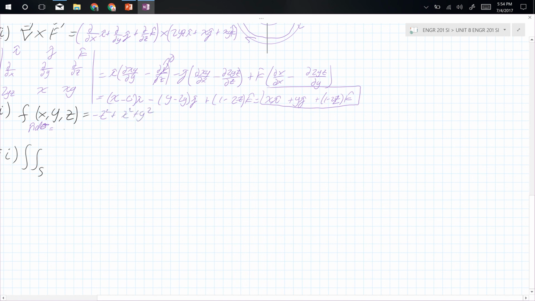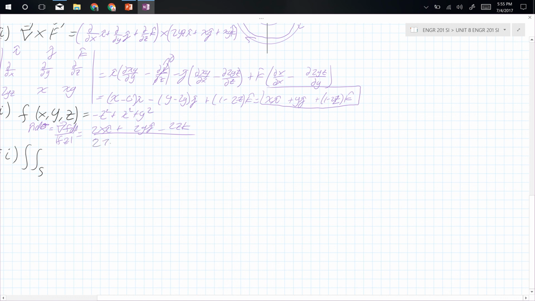Which makes n hat d sigma equal to del f over, and our projection is in the xy, so magnitude of f z. So this will equal 2x i plus 2y j minus 2z k, times dA over f z, which is negative.